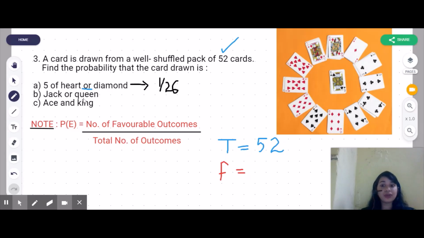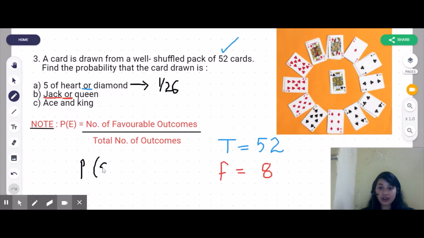And same is true for queens also. So in total, if I have to take jacks, how many jacks we have? 4 jacks. And what about queens? 4 queens also. The total favorable outcomes are going to be 8, 4 plus 4, because again there is or symbol in between. So now if I'm going to put them together in the formula, let us see what we are going to get.